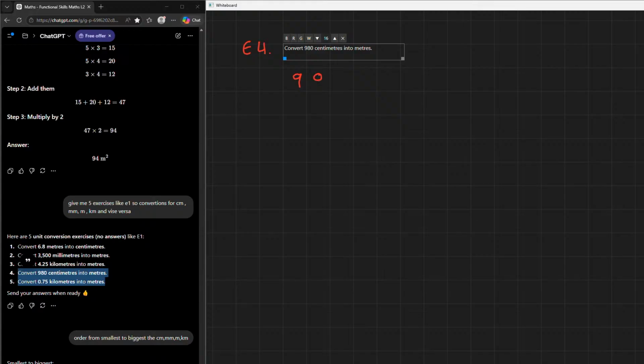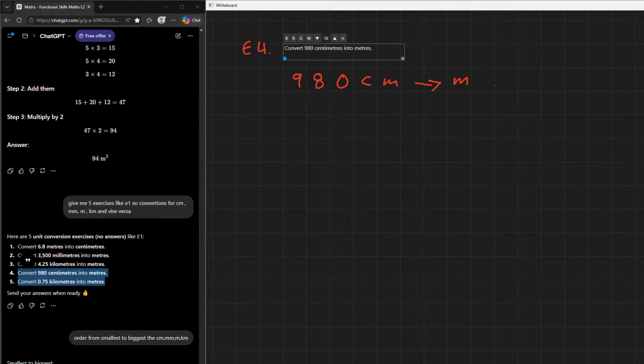98 centimeters to meters. Rather than do this, let me do this. Because when I type 2 here or do the plus sign, it's like game over. Centimeters to meters, so we're going up.